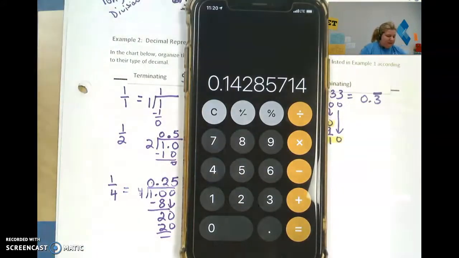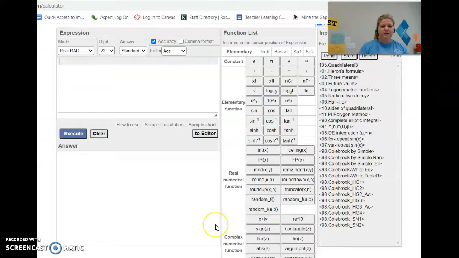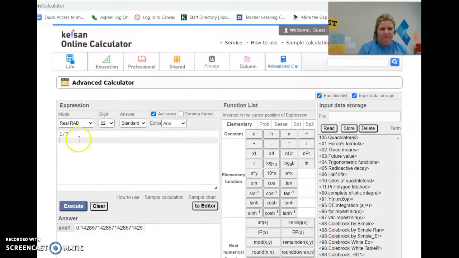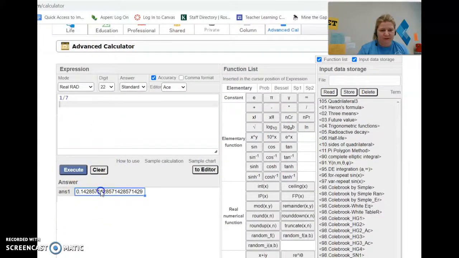So I could work this out on paper, but to save us a little bit of time, I'm just going to use this online calculator, and I'm going to show you 1 divided by 7. Execute that, and then here it tells you the answer. And if you look, 142857, 142857, 142857, and that's going to continue.